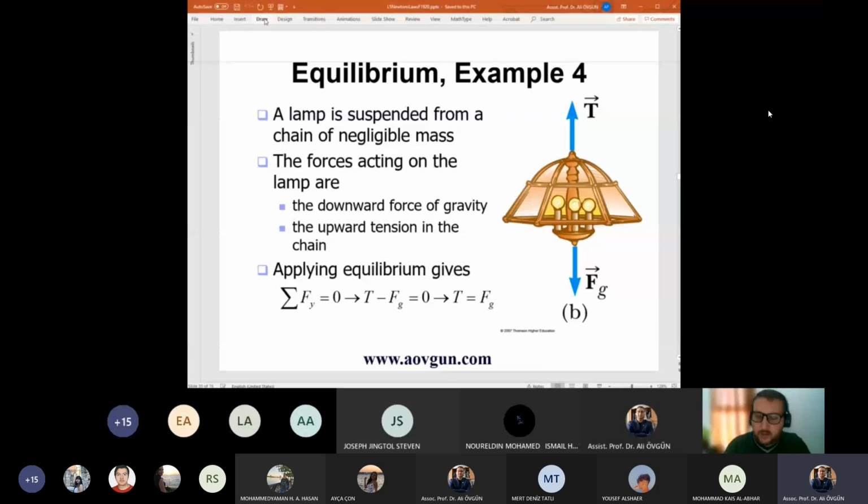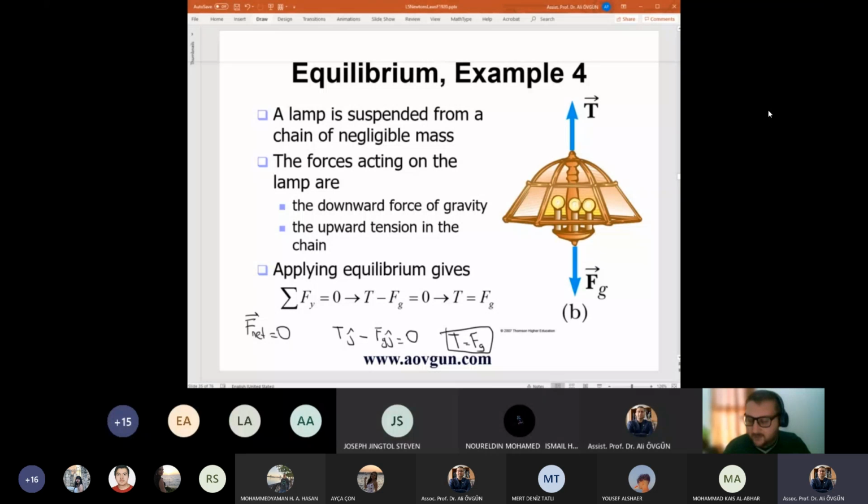Here you can see they wrote it, but you can also write it in unit vector notation. F net vector equals 0. So what is the upward force? Tension. So T j hat minus Fg j hat equals 0. After that, you can easily see that T is equal to Fg.